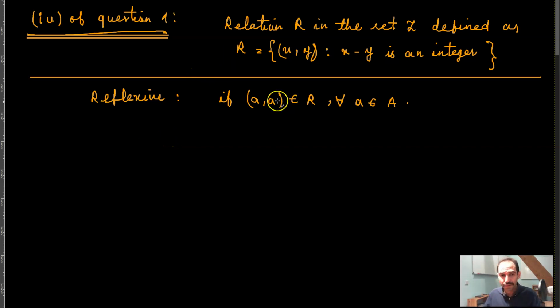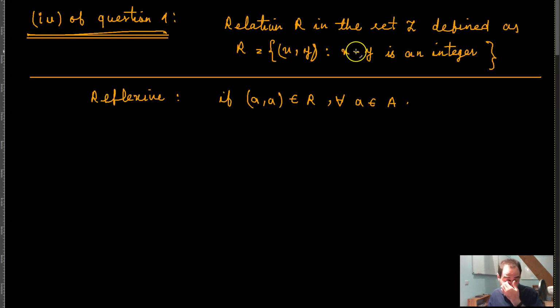So the condition for R being reflexive was that basically we said that if a comma a belongs to R, for every a belonging to A, then we say that R is reflexive, which means that in this particular case, R is all the ordered pairs x comma y such that x minus y is an integer.